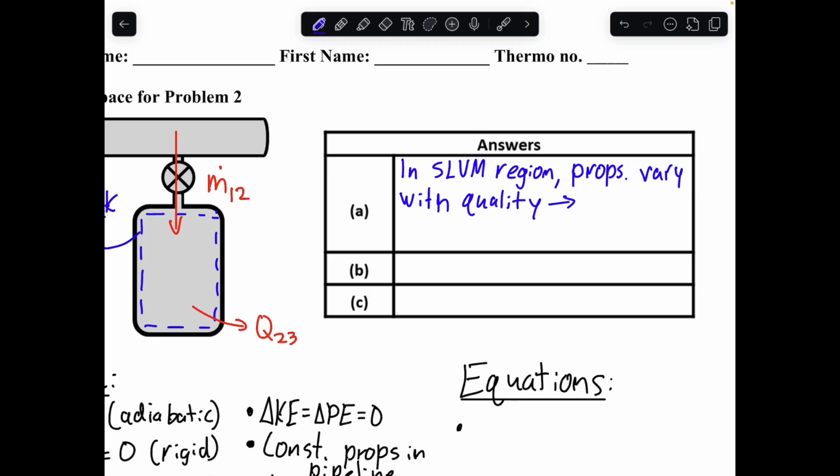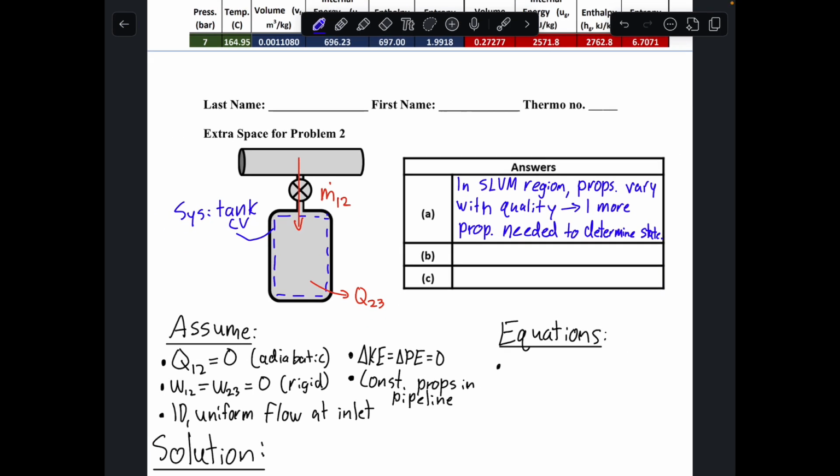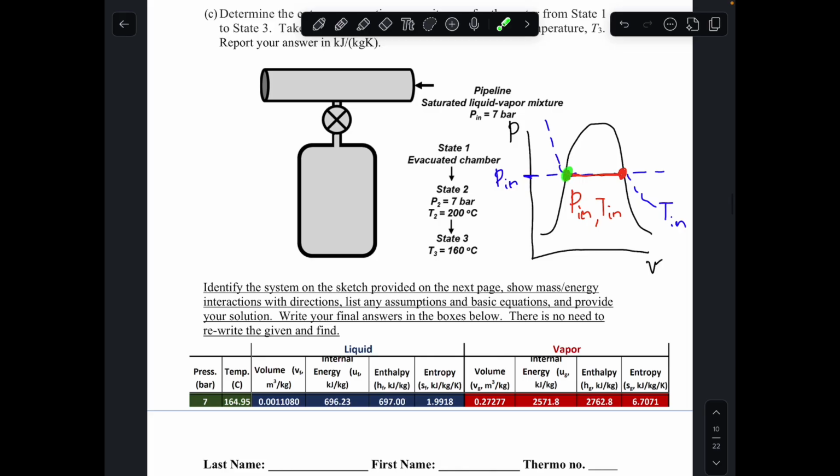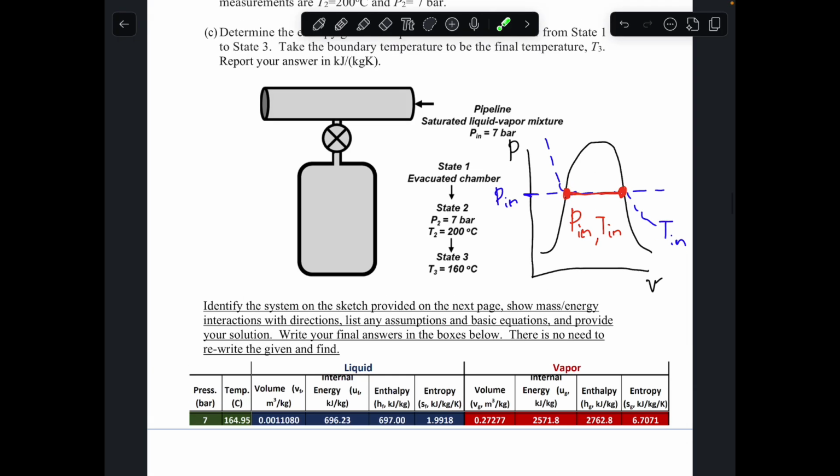And so what that means is we would need one more property would be needed to determine the state. So again, you can write it out however you want in order to communicate that point. But when I say that properties vary with quality, all that I mean is we can have a range of properties here along this line, but if we know the quality, then we can fix the state at a specific point here. But that would be the answer to part A.